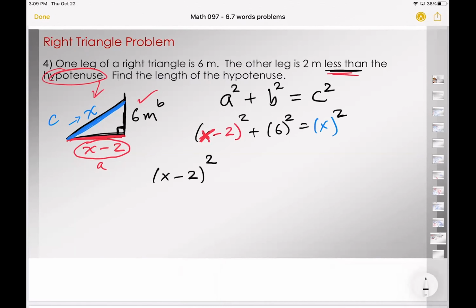So see if you can work this problem over the weekend. See if you can FOIL this out and then combine like terms. The only reason why you need to FOIL is because of that x minus 2 squared. See if you can FOIL them out, combine like terms, move the x squared to one side and solve for x. To solve for x, if you have an x squared, you need to set it equal to 0.